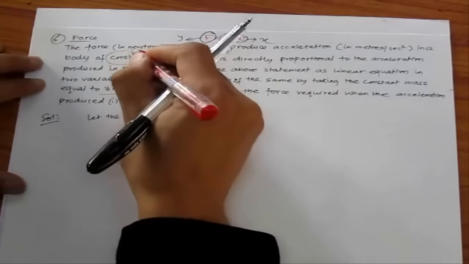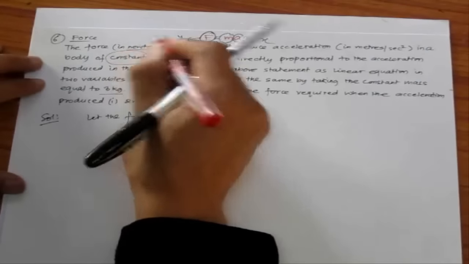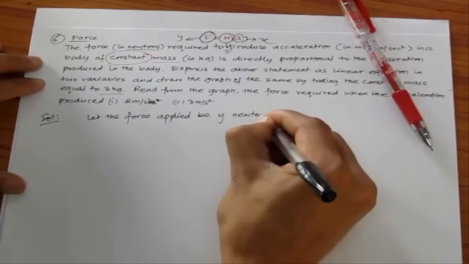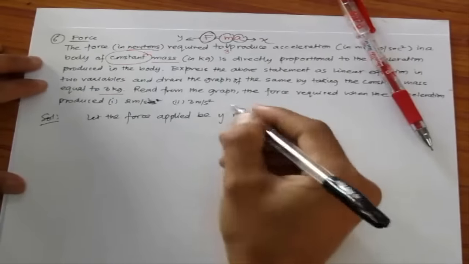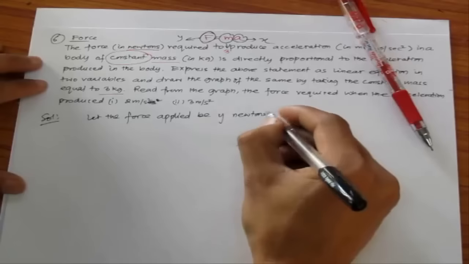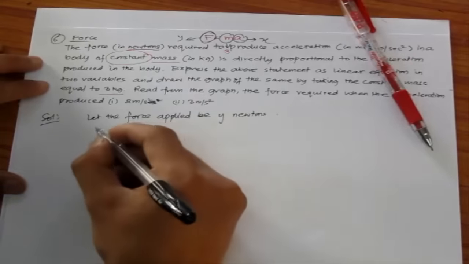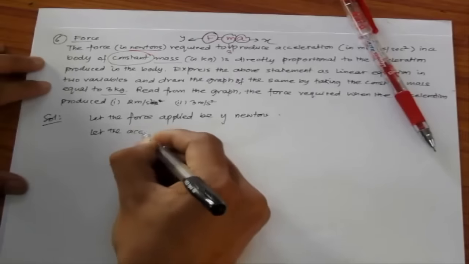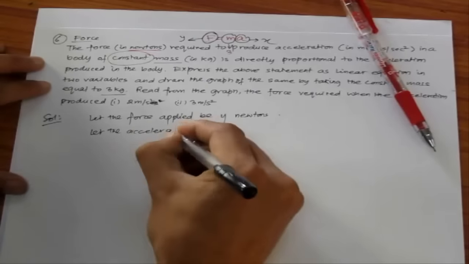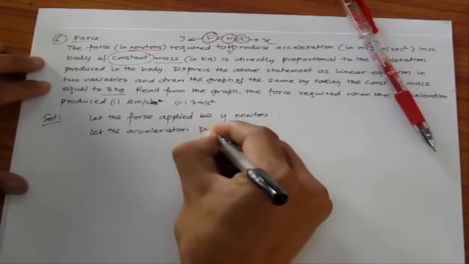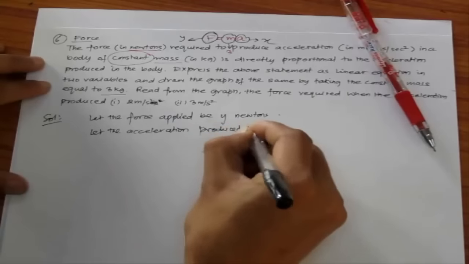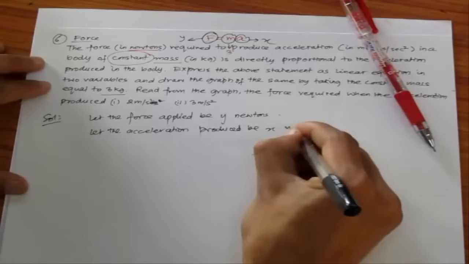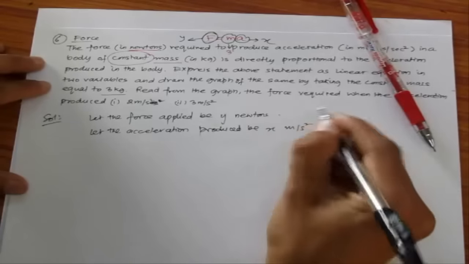Here force is given, so force is measured in newtons, so you write y newtons, or with a capital letter N. And then next, let the acceleration produced be x meter per sec square.